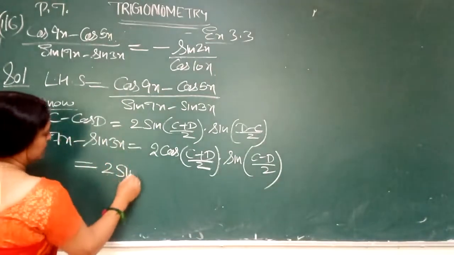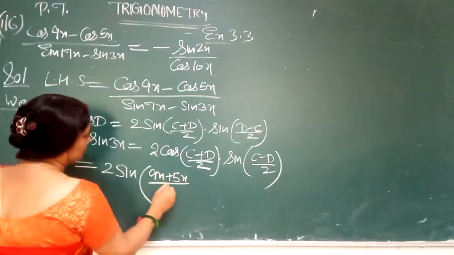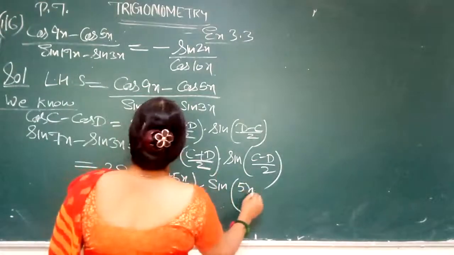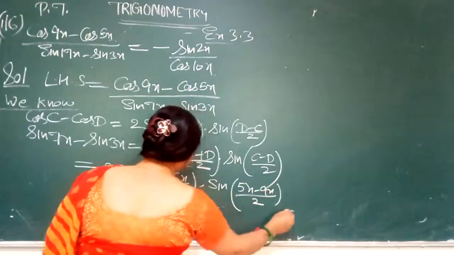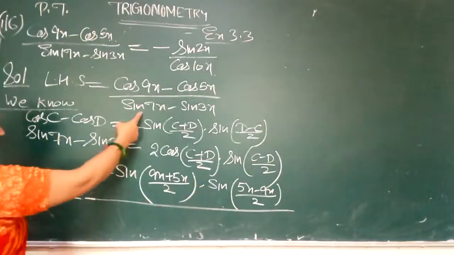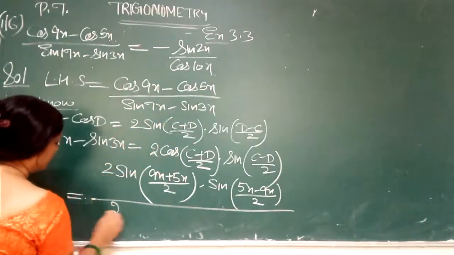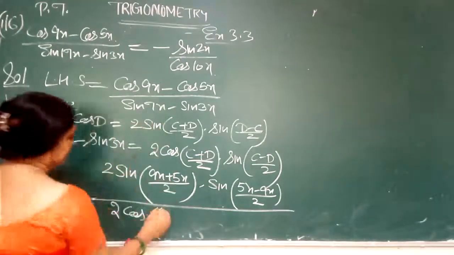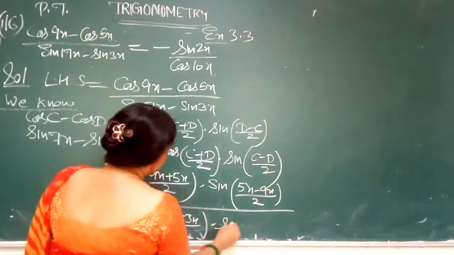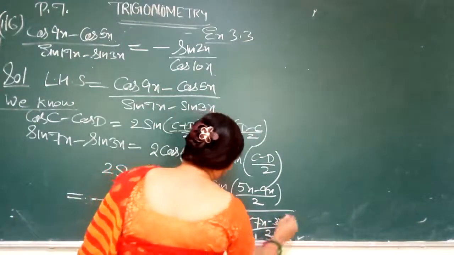So it will come 2 sin (C plus D), meaning (9x plus 5x) upon 2, into sin (D minus C), (5x minus 9x) upon 2, whole divided by this term, that is sin C minus sin D, equal to 2 cos (C plus D), (7x plus 3x) by 2, into sin (C minus D), (7x minus 3x) by 2.